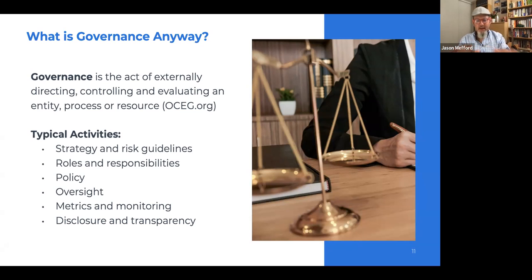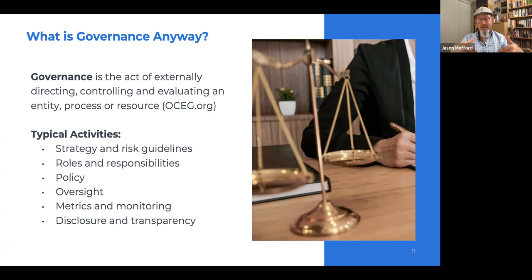Okay. And I'm going to show you a picture here to put this all in context as well. But here are some of the typical activities, right? Those governance groups are helping to set strategy. They're setting risk guidelines, so things like risk tolerances are usually set by these governance groups.